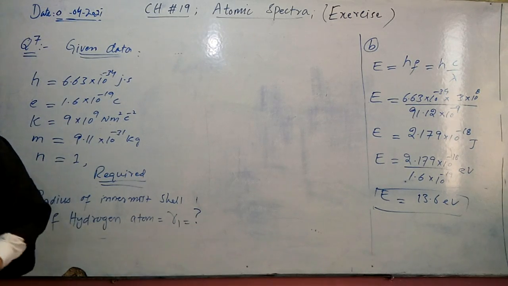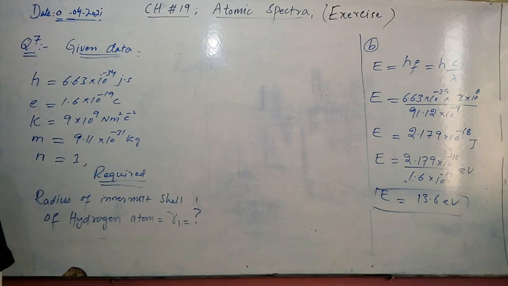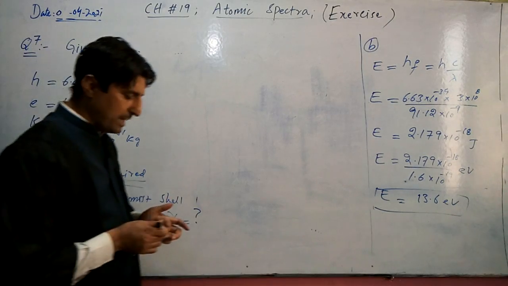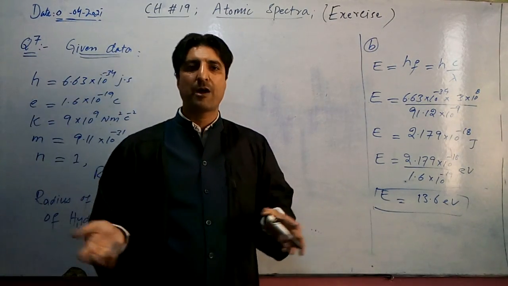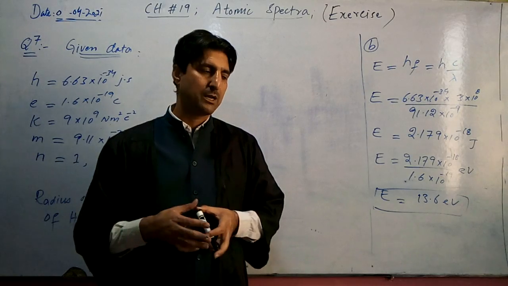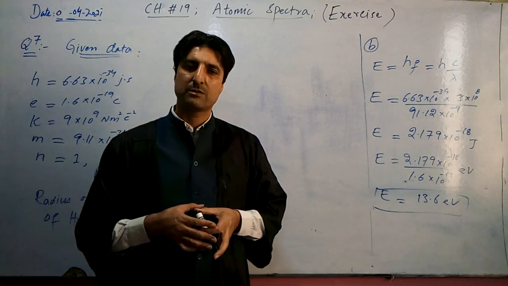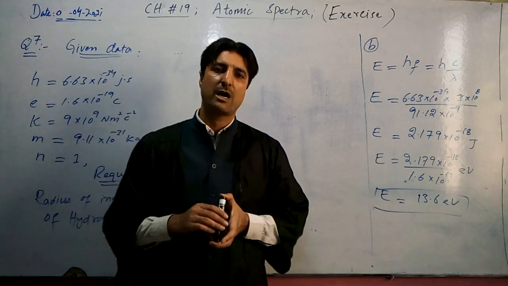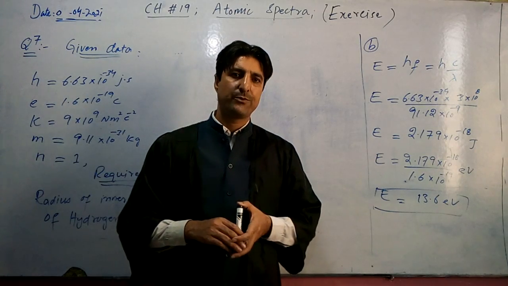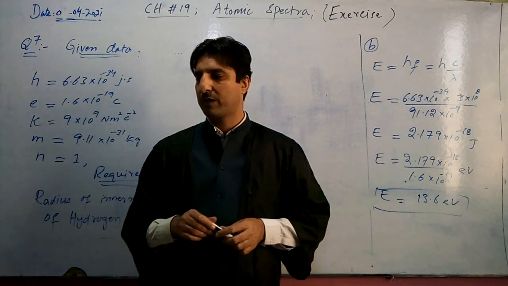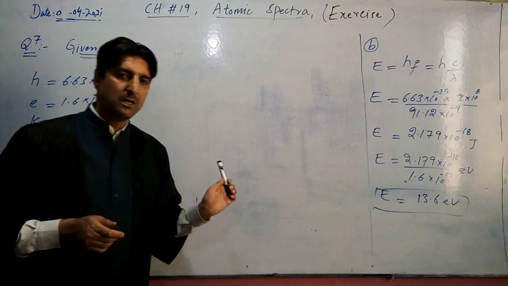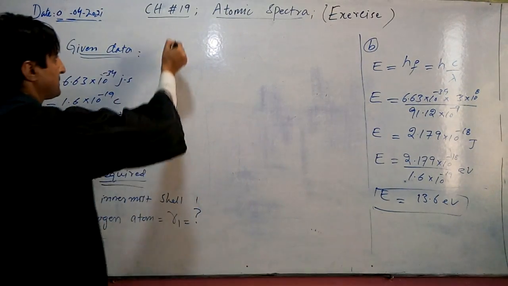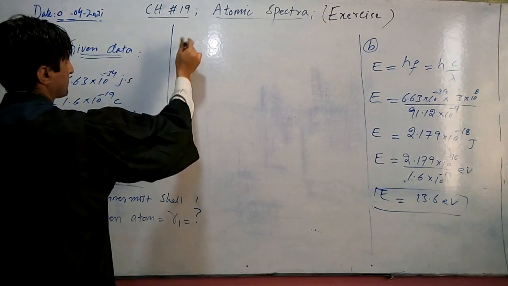By a formula we know, in the previous class we studied the radii of quantized orbits in the Bohr model, the energy of quantized orbits, and the velocity of an electron in a particular orbit. For detail you can listen to the previous lecture. So let me solve this question.